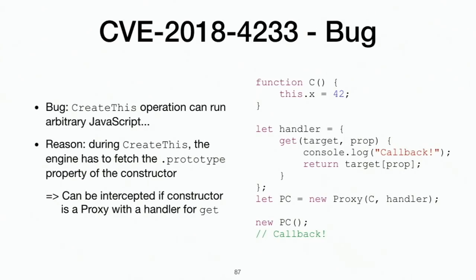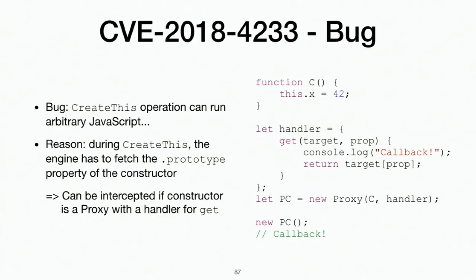CreateThis can actually call JavaScript. The reason is very JavaScript specific. When you construct an object, the engine has to fetch a property from the constructor. And fetching a property in JavaScript is something that you can intercept, for example with a proxy. A proxy is a tool in JavaScript to intercept all these standard operations on objects.